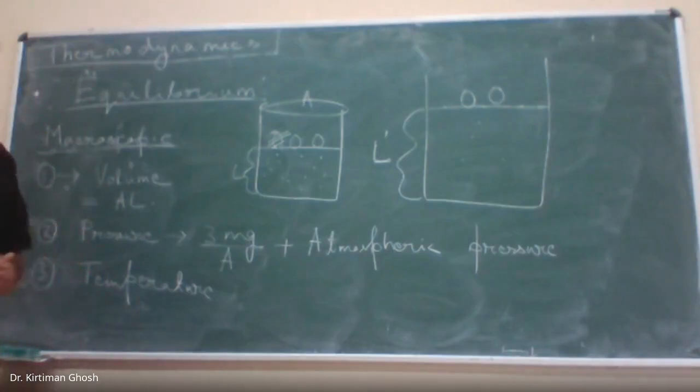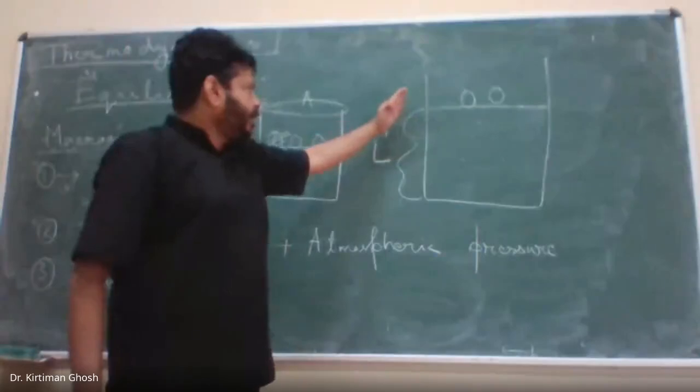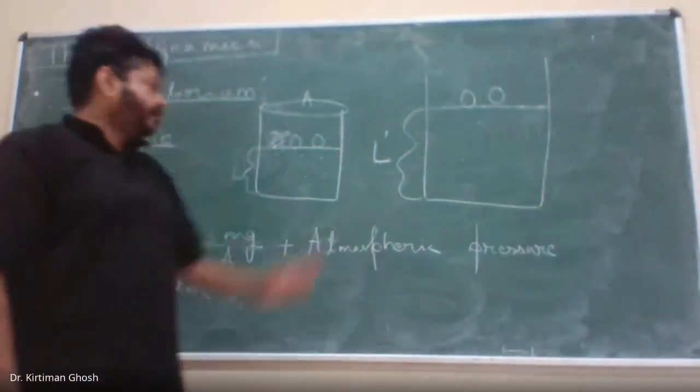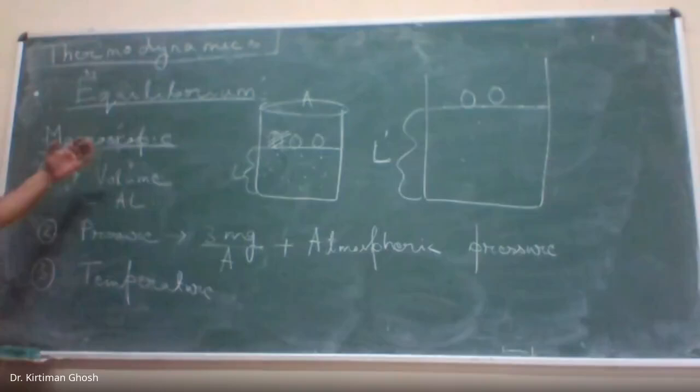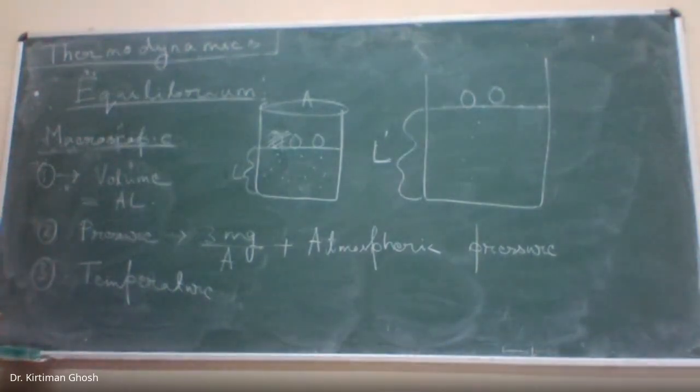If we wait a sufficiently longer amount of time, the piston will settle down at a given L prime. I can measure that L prime. I have a precise value for these thermodynamic or macroscopic variables. So I have a macroscopic description of the system as well as a microscopic description.